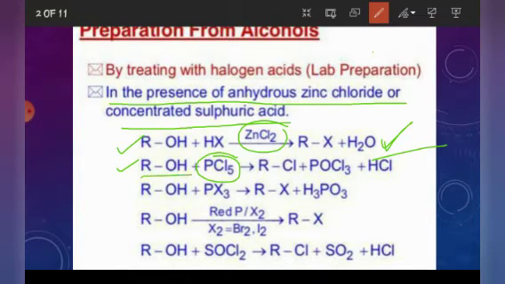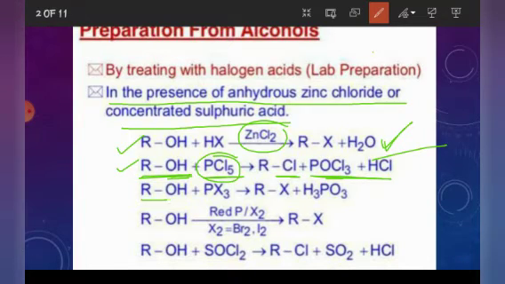Here when an alcohol reacts with PCl5, phosphorus pentachloride, the OH group is replaced by the Cl group. You can leave these side products and only write the main product. POCl3 is known as phosphorus oxychloride.